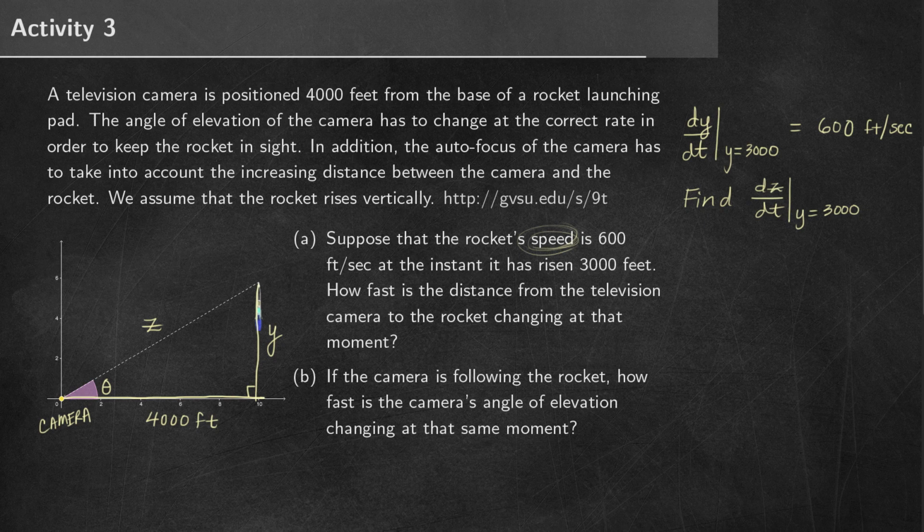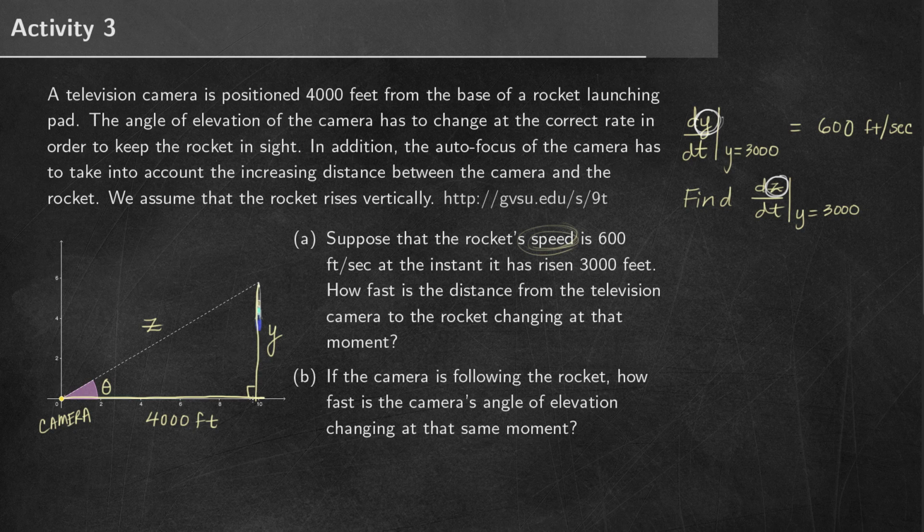Now step 3, we need to write an equation that relates our variables, the y from our dy/dt and the z from our dz/dt. I need to come up with an equation that involves y and z. So let's go back to our picture. We need an equation with a y in it and a z in it, and I can also include my constant value. Anytime you can include constants, that's nice.